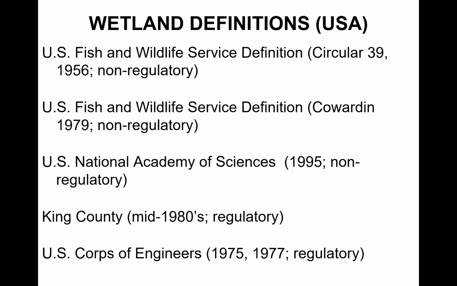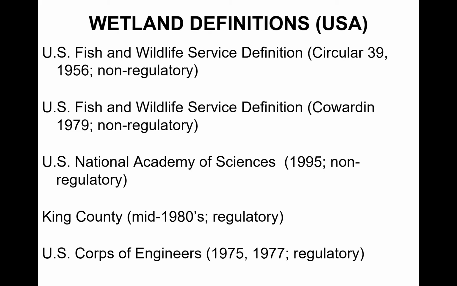I mentioned that act was really the first time that a definition of wetlands was codified for regulatory purposes. Prior to that, there had been a lot of other definitions. For example, the U.S. Fish and Wildlife Service used their definition, not in a regulatory way, but to support their work.